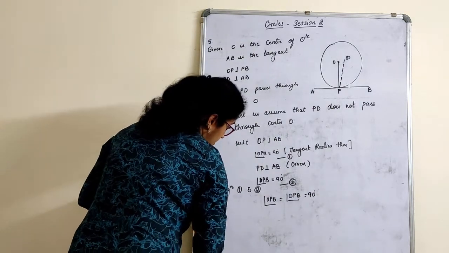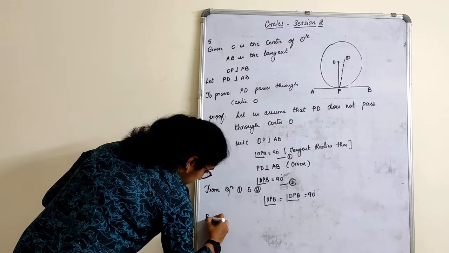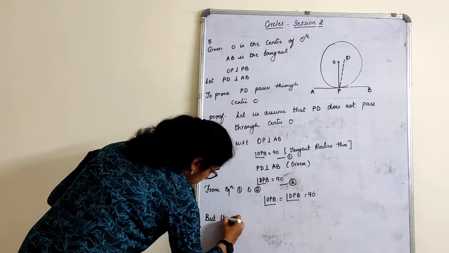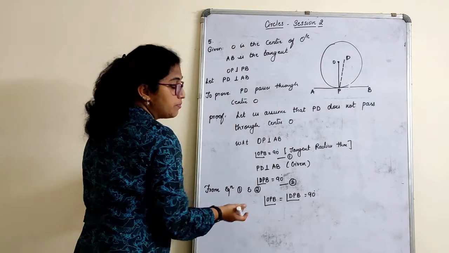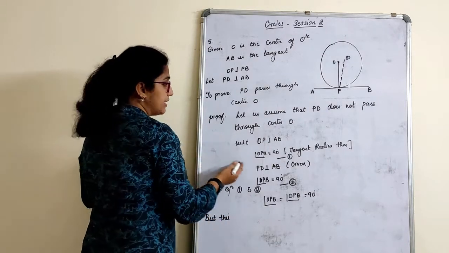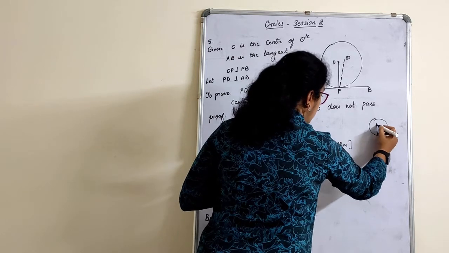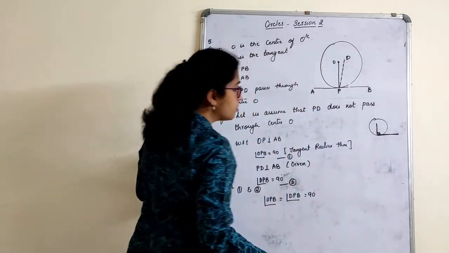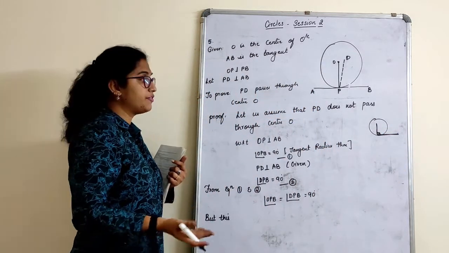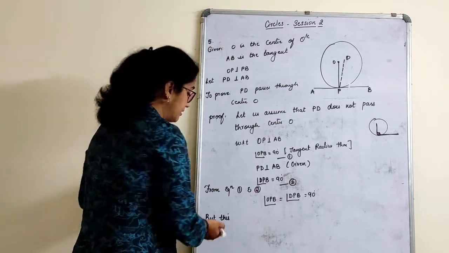But when can both be 90 degrees? Only if they coincide I can tell that, right? If they don't coincide, how can they be 90 degrees?